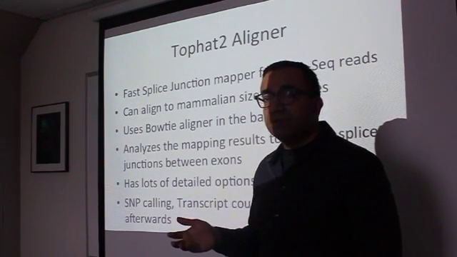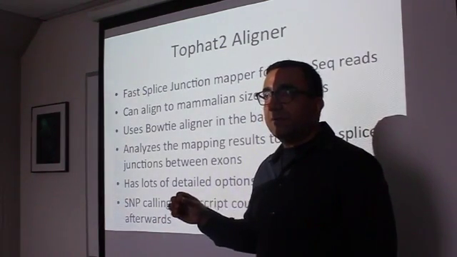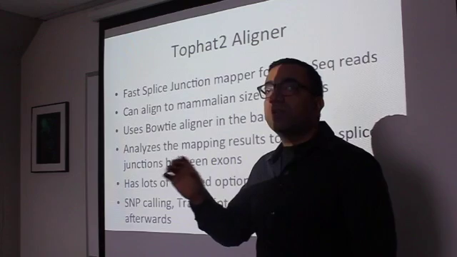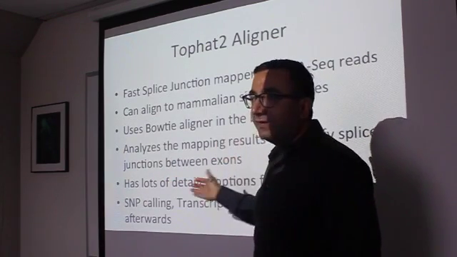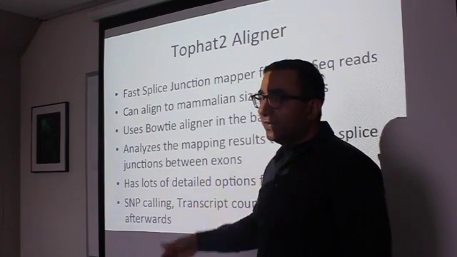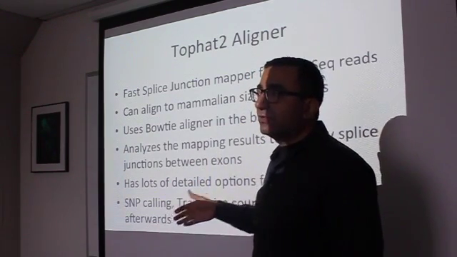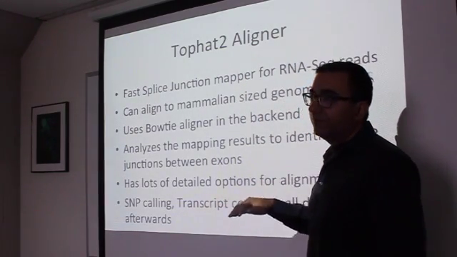SOLiD sequence data is color space, so the calling, the way it's done, is different from Illumina. In that case, I used Tophat 2 with Bowtie 1, because Bowtie 2 does not do color space alignments. So Tophat 2 with Bowtie 1 was the choice.